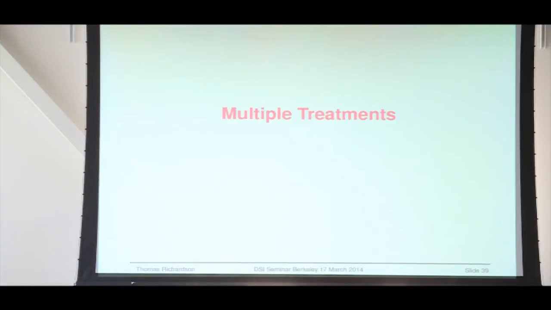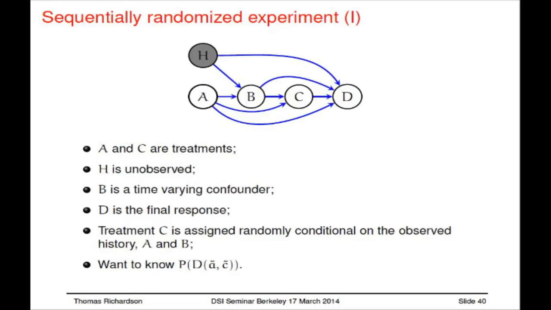So that was confounding. Now let me quickly show you an instance with a sequentially randomized experiment. In some sense, this is the problem that Jamie considered back in 1986 without the benefit of any graphs, where patients come in, they're randomly assigned to a treatment A, and then they respond.